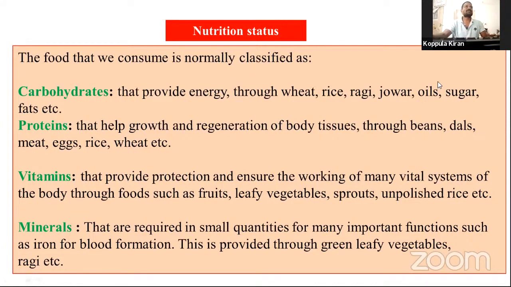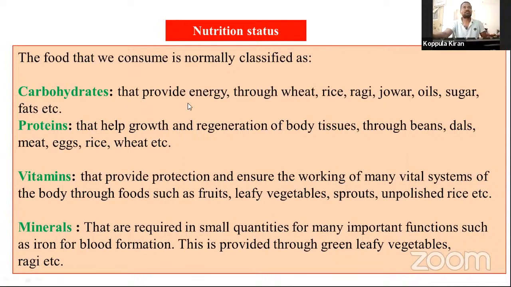See this slide. The food that we consume every day is classified in different ways. First one is carbohydrates. We should take this meal; it is very important for the physical growth of human beings.